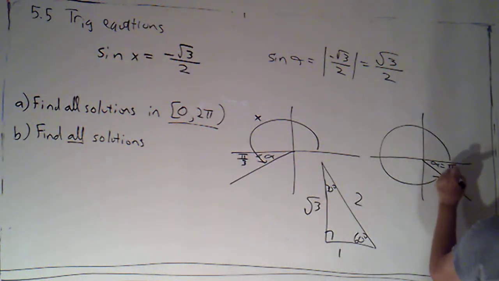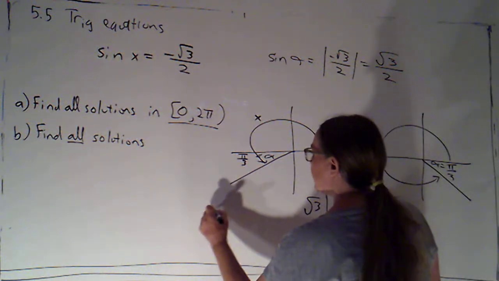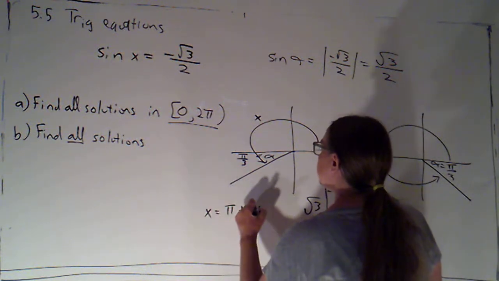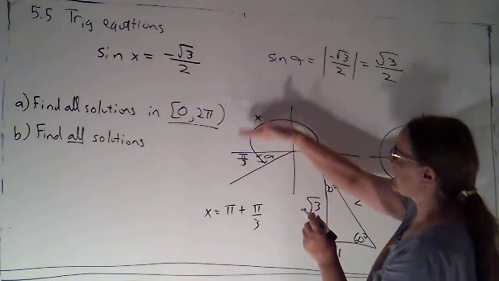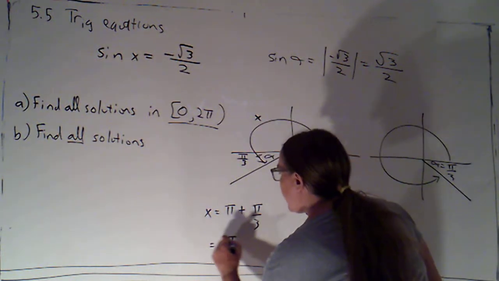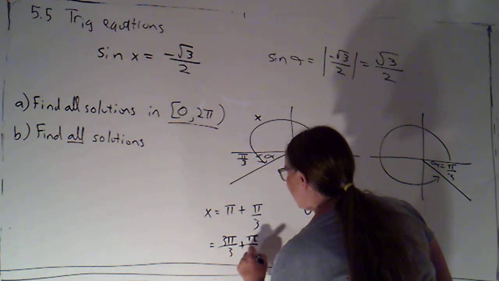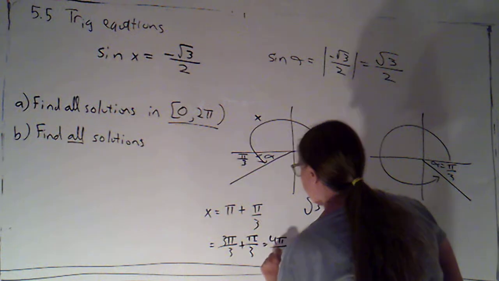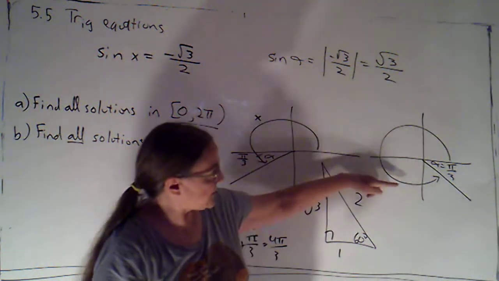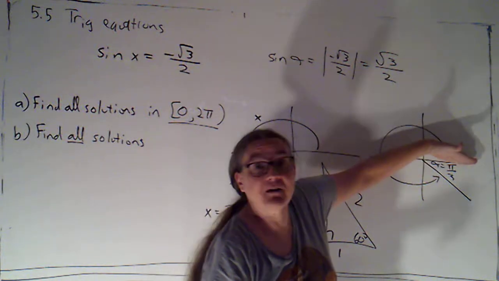And it's the same reference angle for both pictures. In this picture, x would be pi plus pi over 3, because I've rotated a little bit past pi. Notice that's just 3 pi over 3 plus pi over 3, so that would be 4 pi over 3. In this picture, we're this much shy of a full revolution.